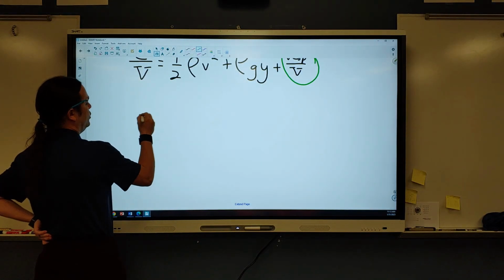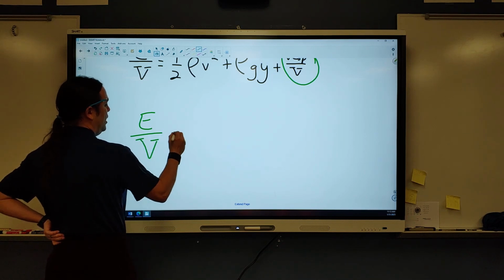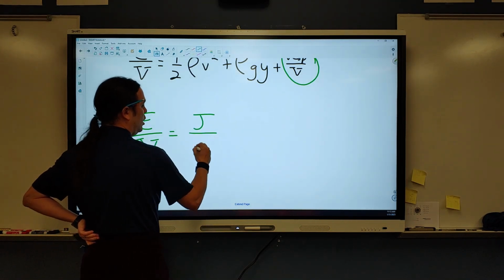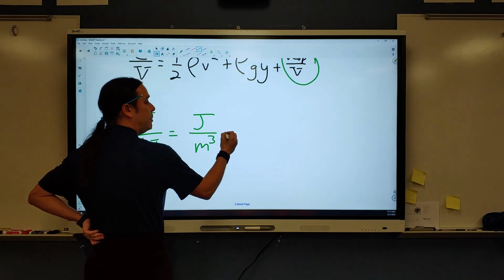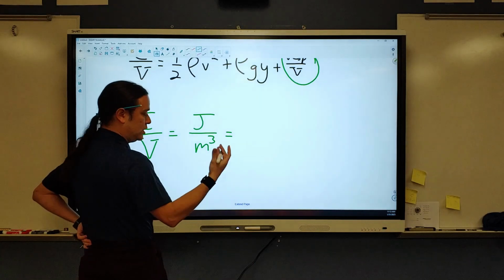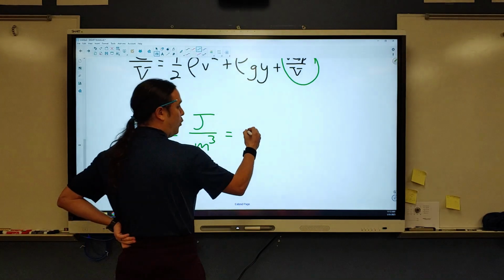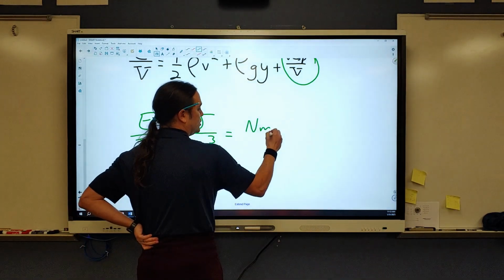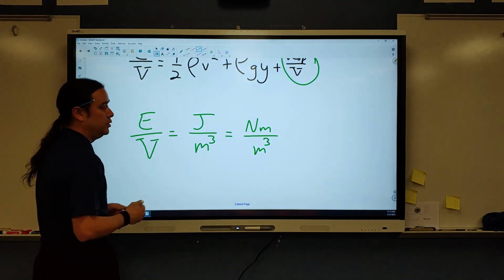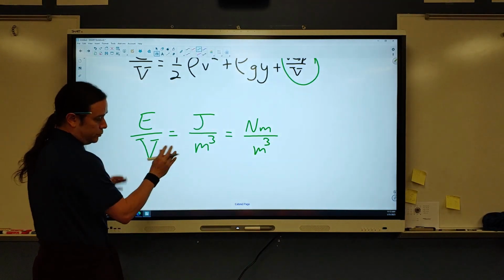If I have energy per unit volume, that would give me the following units. I would have a joule per cubic meter. But with the work equation, a joule, work, energy, is done by applying a force, Newton, over a displacement, times meter. So I could actually replace the joule with a Newton times meter.